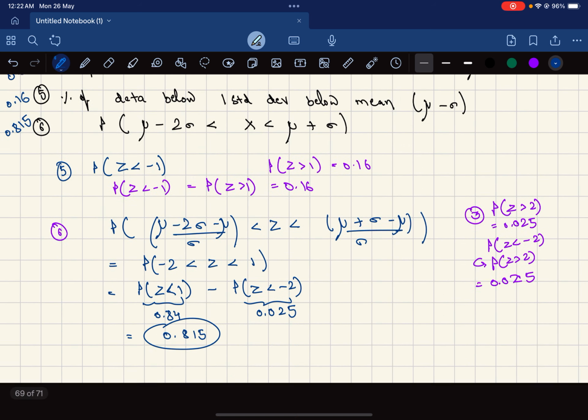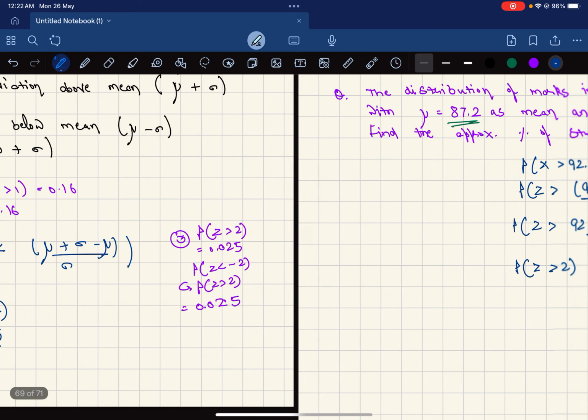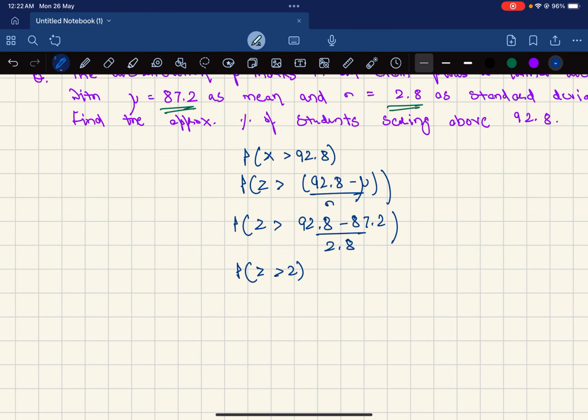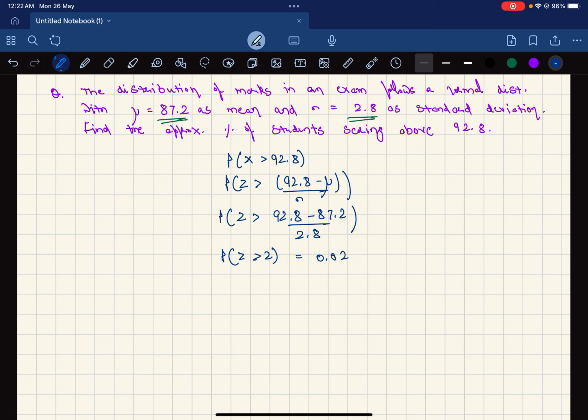P(Z > 2) was 0.025, which was also equal to P(Z < -2) due to symmetry. Therefore 0.025 is the required probability here, and since we had to give it in percentage terms, this becomes 2.5%. So this is the required percentage here.